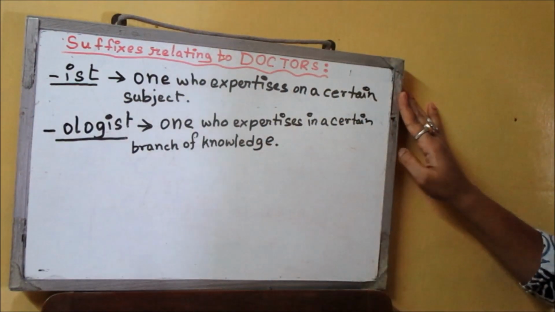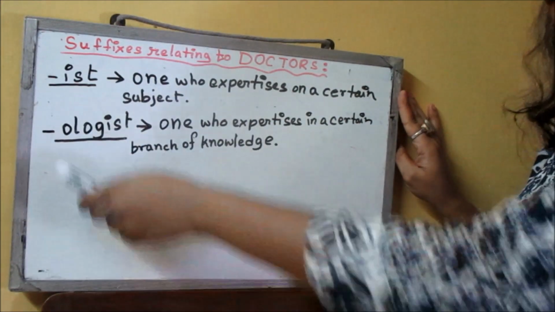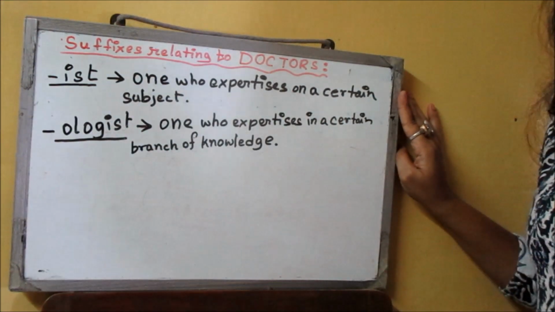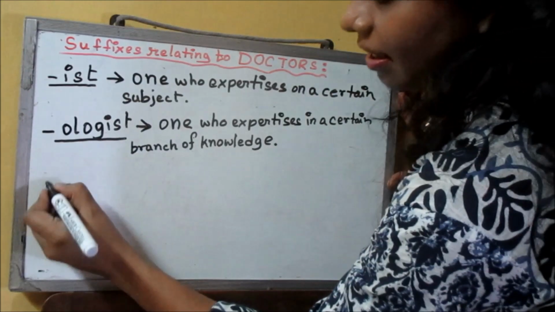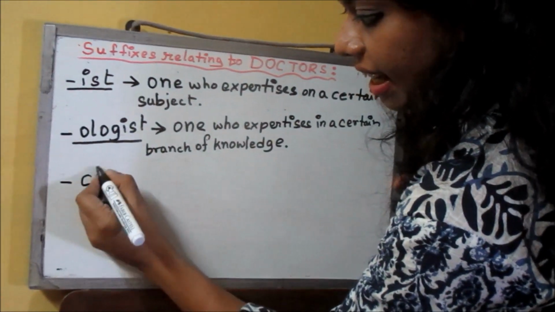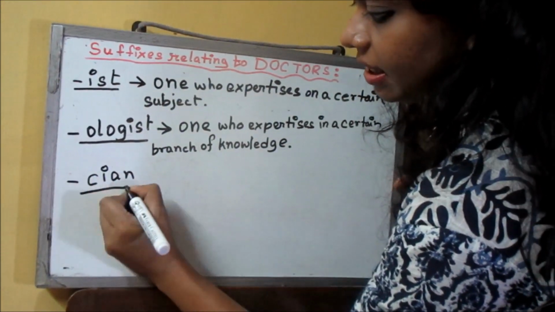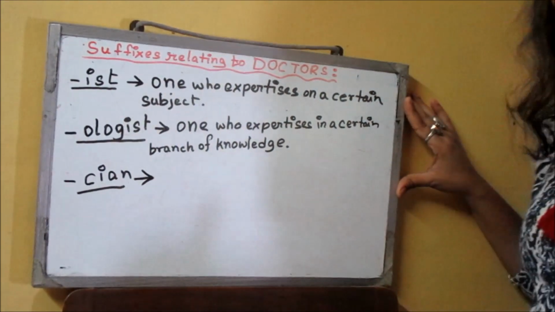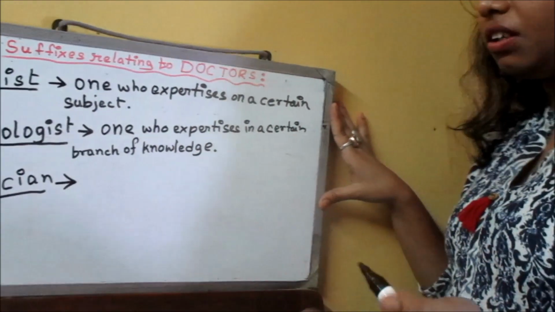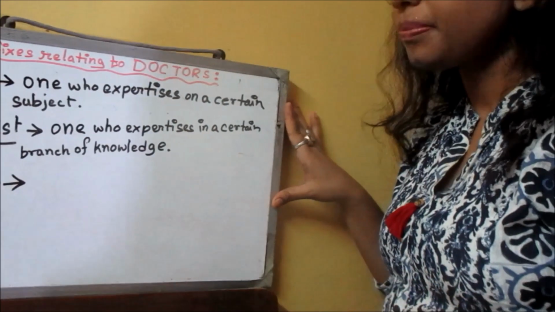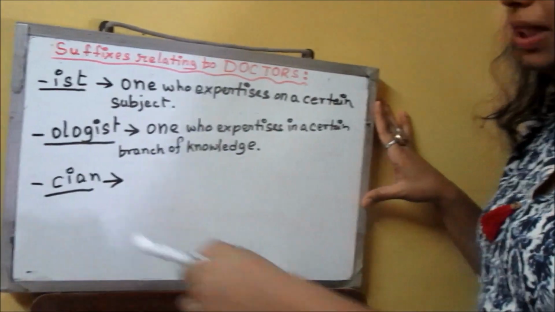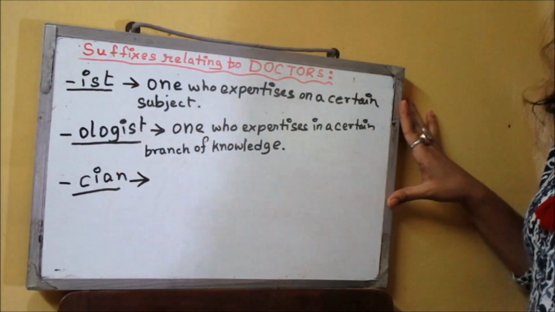Another suffix which is very close to ologist is cian, right? Cian is a very common suffix that we come across in very common words too. So cian basically means an expert.